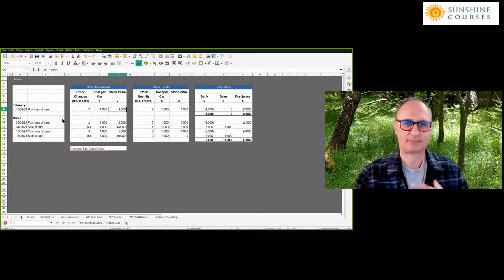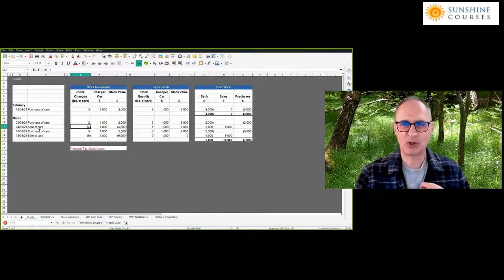That's stock. Then in March, we buy another 2 cars on the 3rd of March, and they cost another £1,000 each, in total £2,000. We then sell some cars. The sales price is £1,500, even though the cost price is £1,000. That's how we're making our profit. But in terms of the cost of what we've sold, 4 cars: even though we sell them for £1,500, the cost of that stock is not £1,500 per car, it's £1,000 per car, because that's what we paid for it.